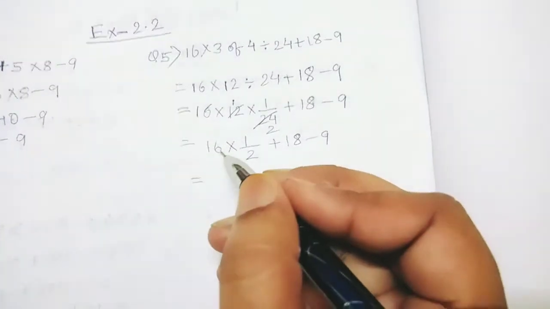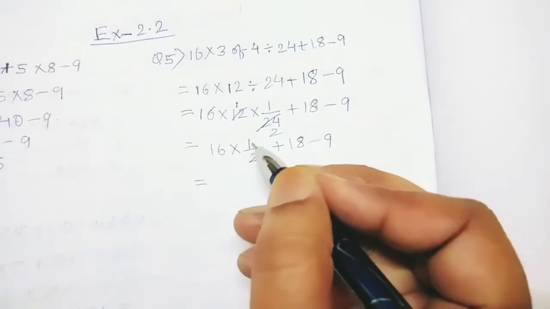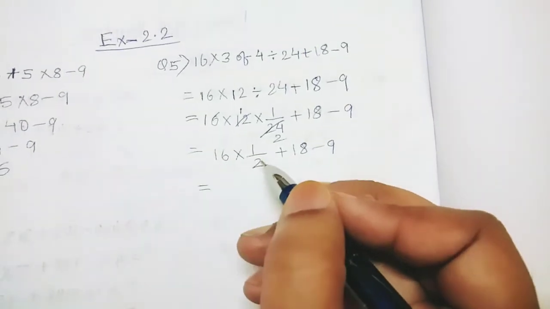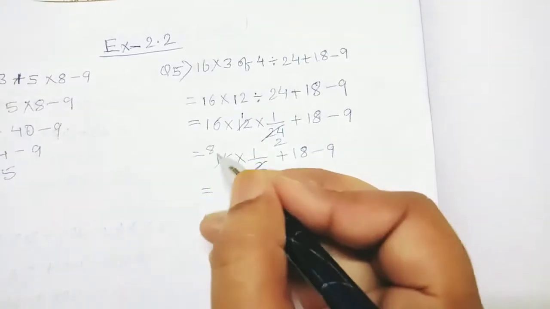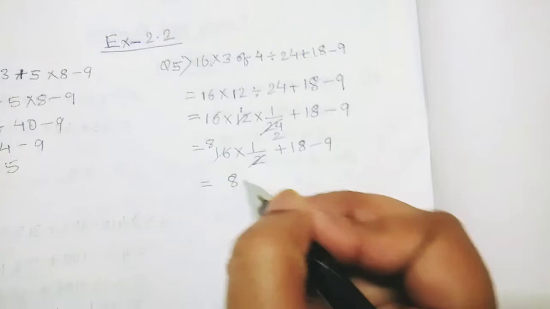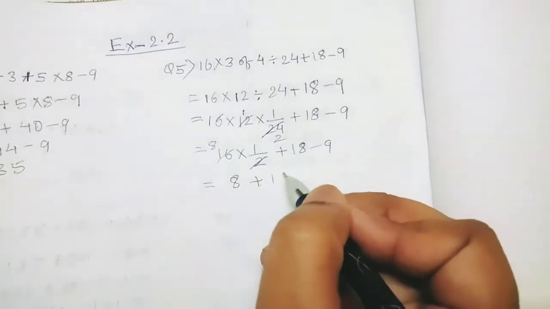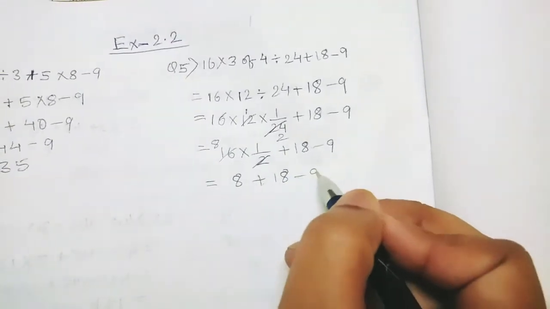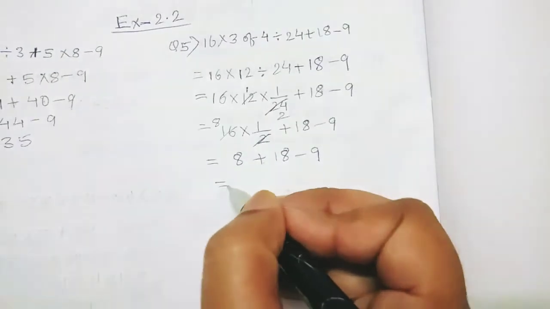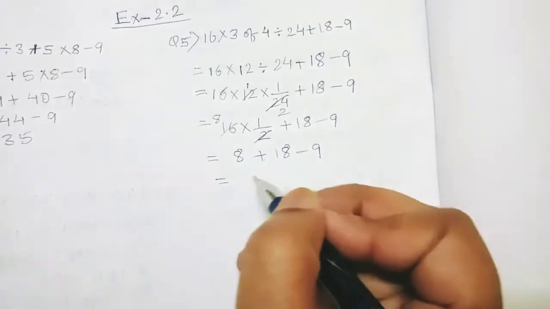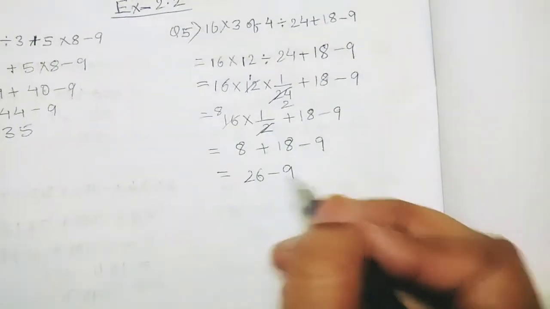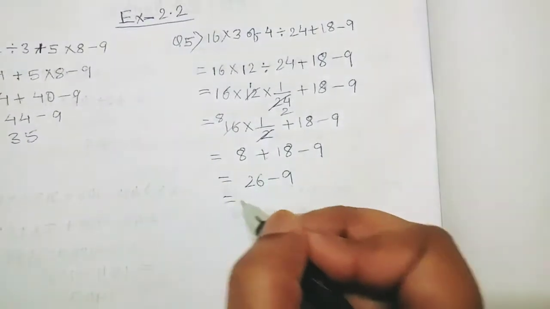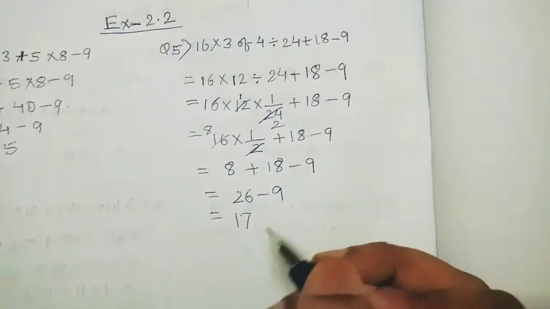Now multiplication will do 16 into 1 by 2, that means we can cut this. 2 8s are 16, so 8 1s are 8 here, plus 18 minus 9. Now we'll do the addition. 8 plus 18 will be 26, minus 9. 26 minus 9 will be 17. So this is the answer of this question.